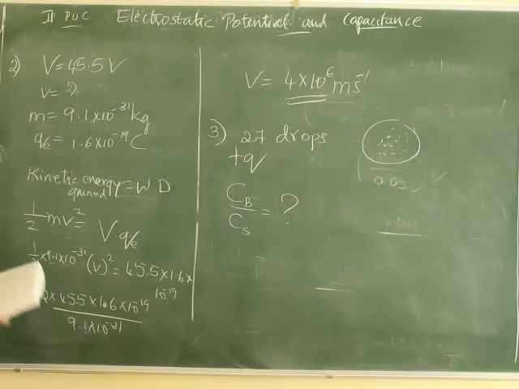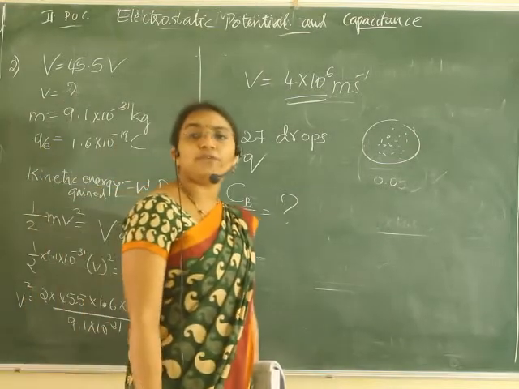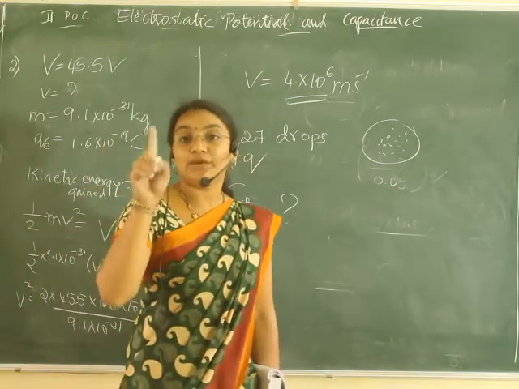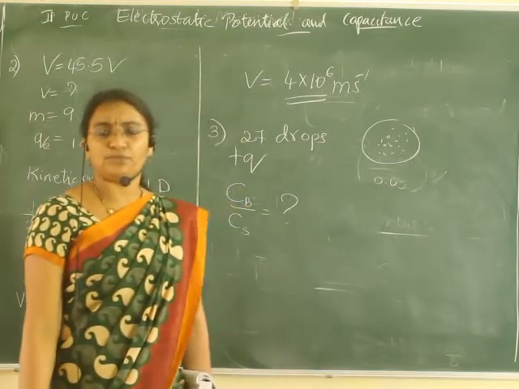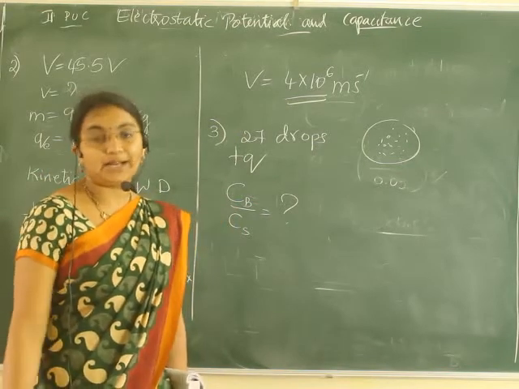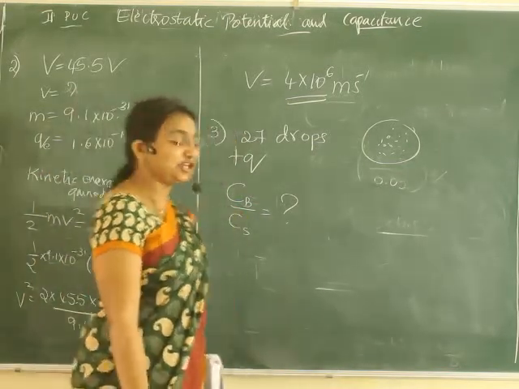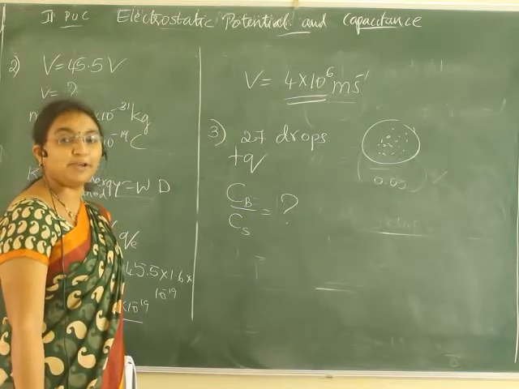Okay, here 27 small drops are added to form one single big drop. When we speak about the drops of water, it is nothing but spherical in shape. Correct? When it is spherical in shape, we use the volume of the sphere.